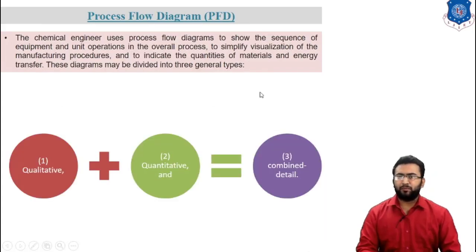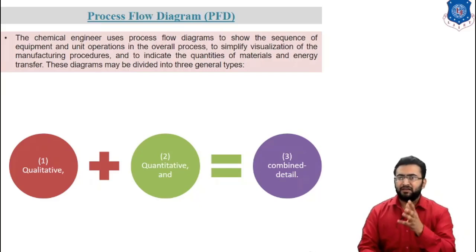Now let's talk about the process flow diagram. The chemical engineer uses the process flow diagram to show the sequence of equipment and unit operations in the overall process. To simplify visualization of the manufacturing process and indicate the quantities of material and energy transfer, this diagram may be divided into three categories.